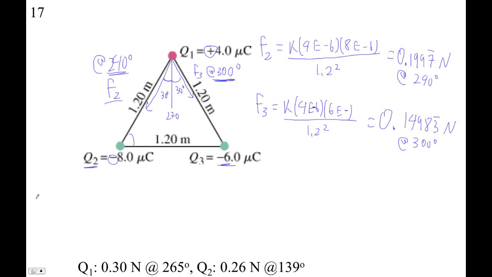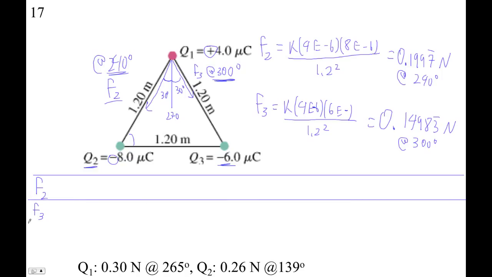Okay, so now here's the fun. Here's F2, here's F3, and look how good I can draw those lines like that. Wish I could do that on the PC.